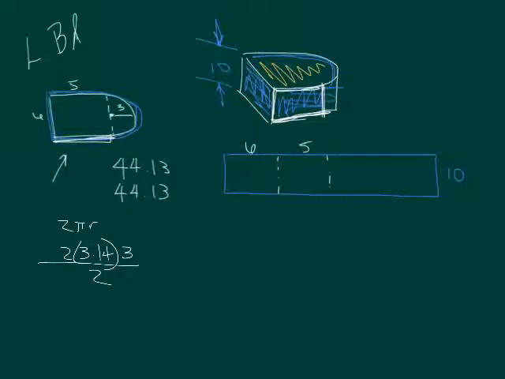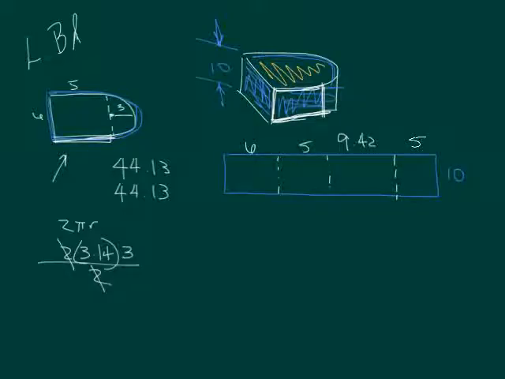So when I take half of that, I'm going to cancel that and cancel that. And I have, looks like 9.42. And that would be the circumference from here around to there. And now I have this 5 here to put on there.